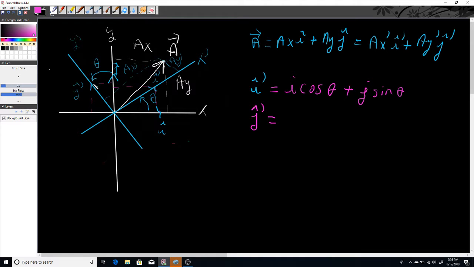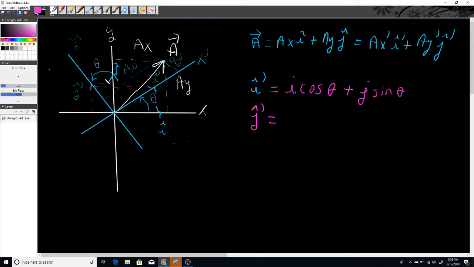Now this component, which is the vertical component, is equal to j times cosine of theta. And this horizontal component is negative i times sine of theta.